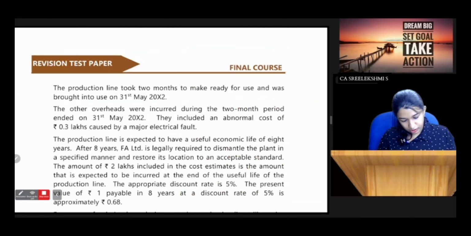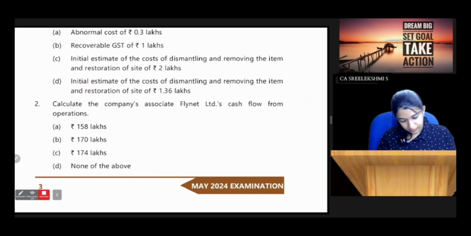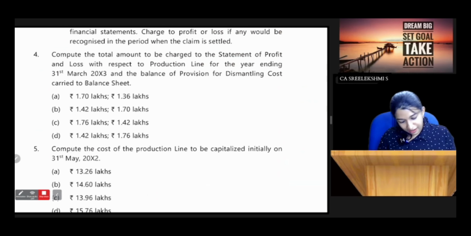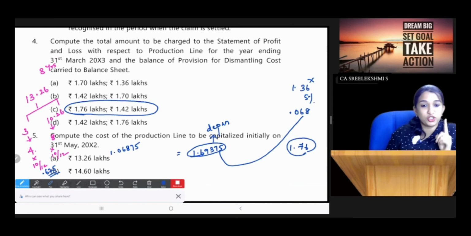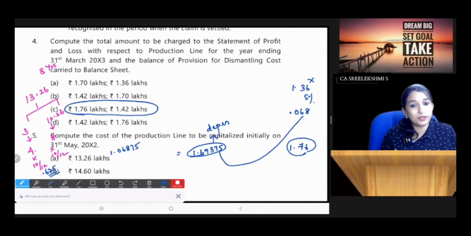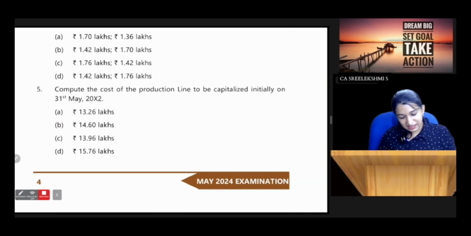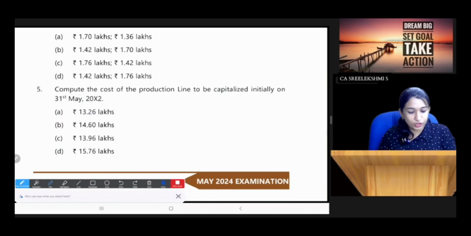So 1.76 and 1.42, option C. See, but how much time you are taking? How much time have I taken for 1 mark? Okay. But the next one is a bit easy. Compute the cost of production line to be capitalized.